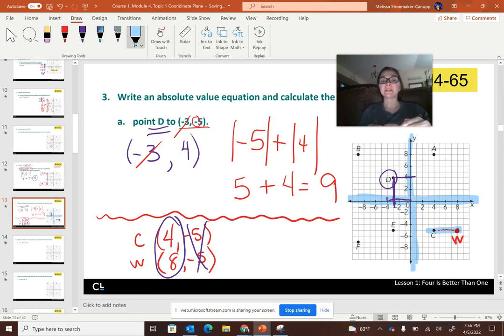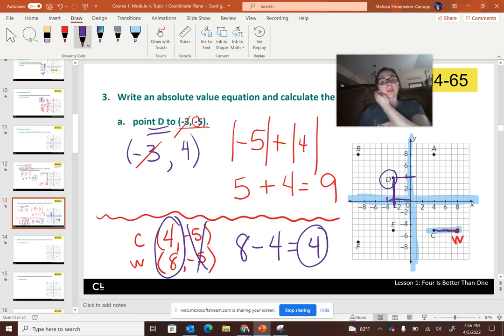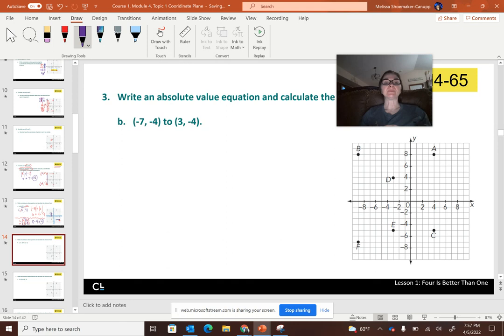So that means they are the same sign, which means we're going to simply subtract to get their distance. And I can check myself. 1, 2, 3, 4. Neither one of them go to 0. So I would not be utilizing the absolute value here. Okay. I hope that kind of clears that up and helps you.